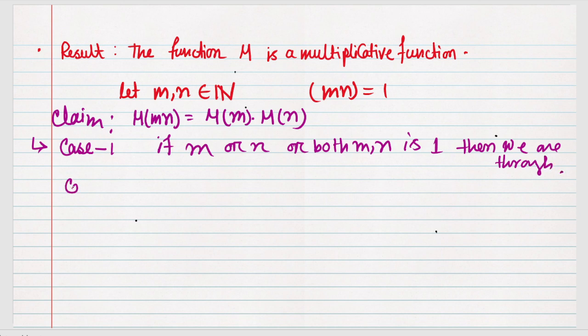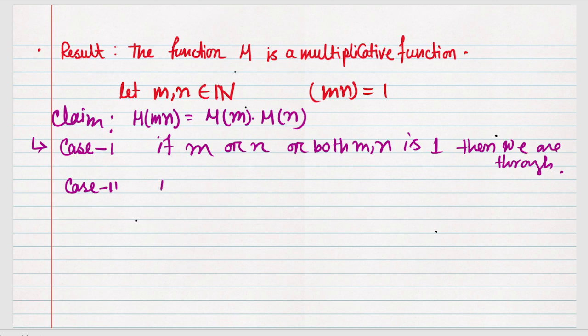In case 2, we have already proved it for m and n both equal to 1. Now we have to show it when the values of m and n are greater than 1.